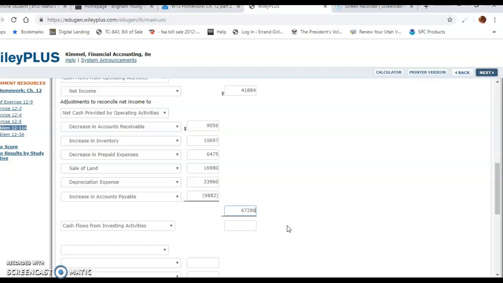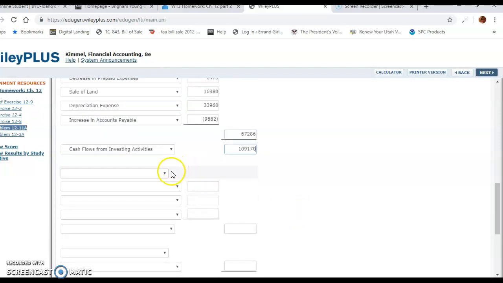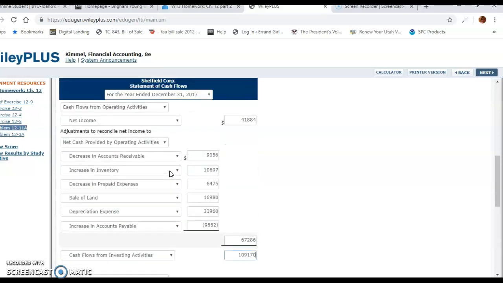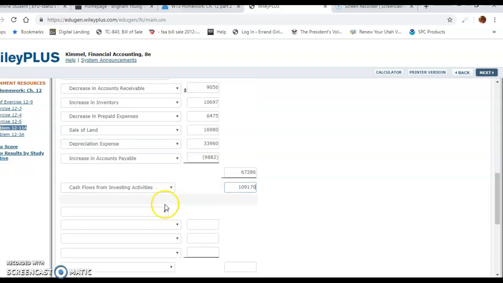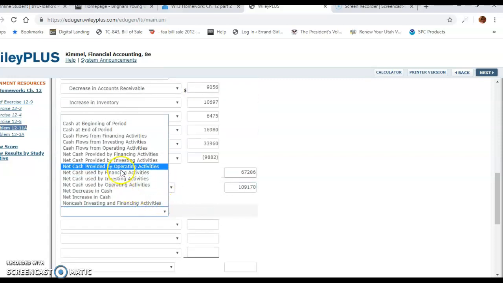I'm going to add that to 41,884. It's going to give me 109,170. Okay, so cash flows from... And then we need net cash provided.